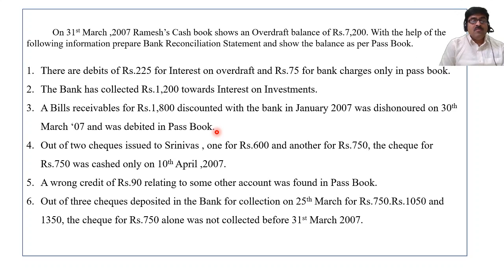A bill receivable for 1,800 discounted with the bank, sent to the bank in January 2007, is dishonored on 31st March. We are preparing it on the cutoff date, 31st March 2007.